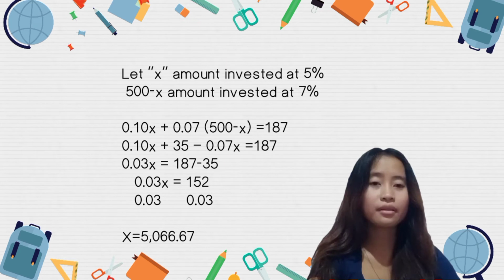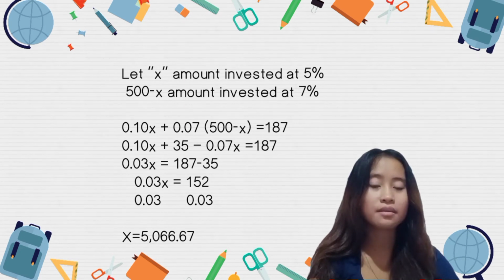So 0.10x plus 35, where 35 is the product of 0.07 and 500. What is left is 500 minus x, the amount invested at 7%, which is multiplied by 0.07 and 500.